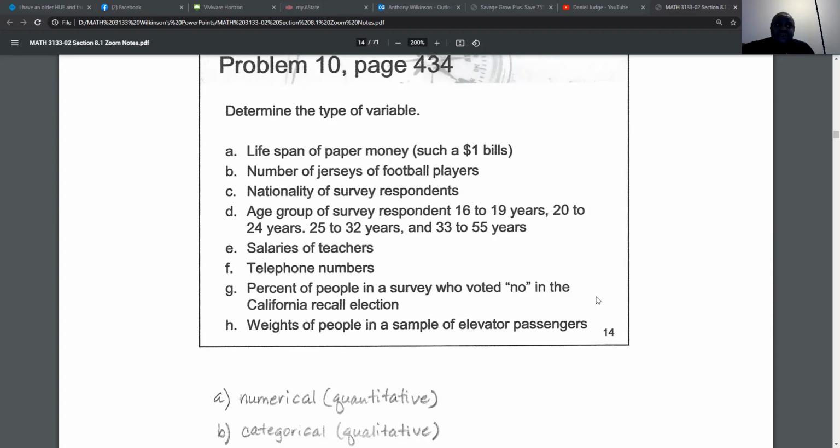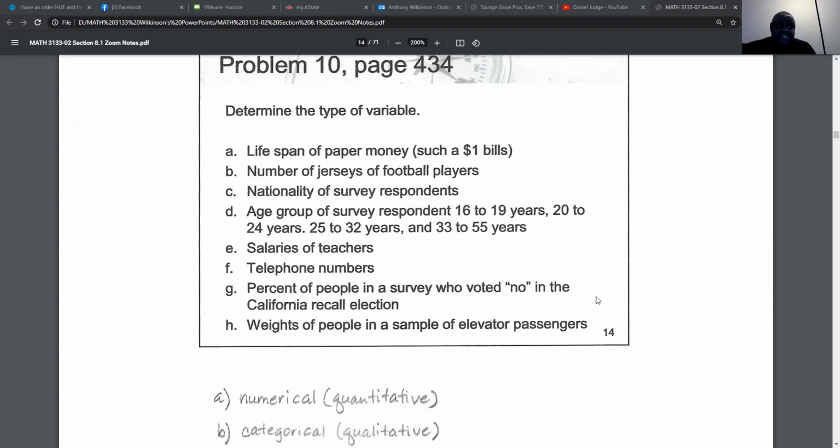So you might think it's numerical because it's a number, but actually some numbers can be considered as qualitative or categorical because we're trying to identify the name of that football player based on the number on that jersey that he's wearing.